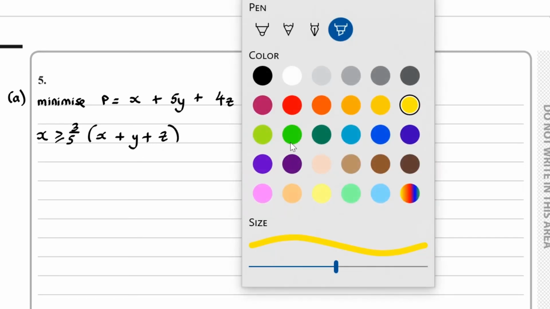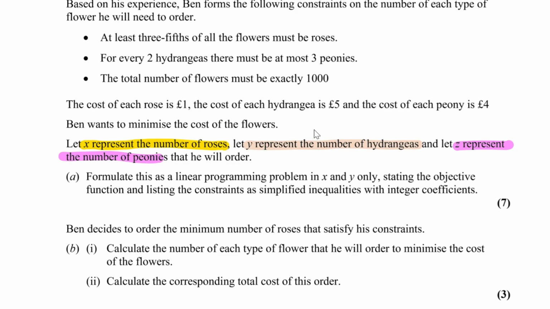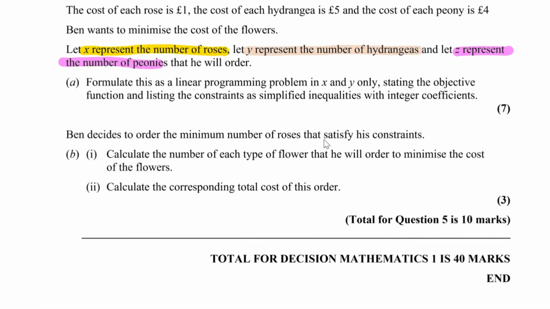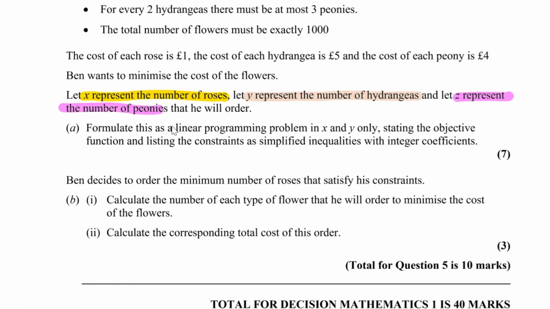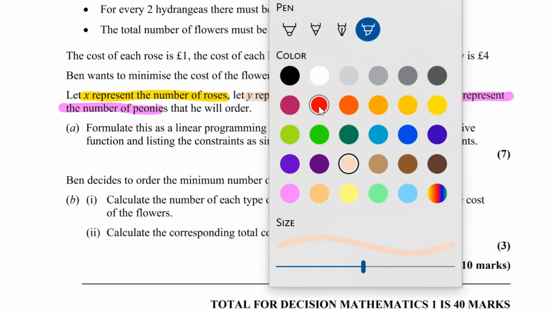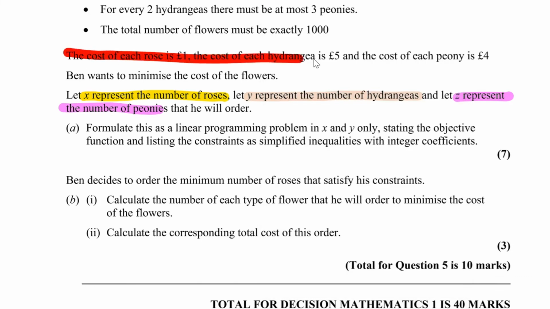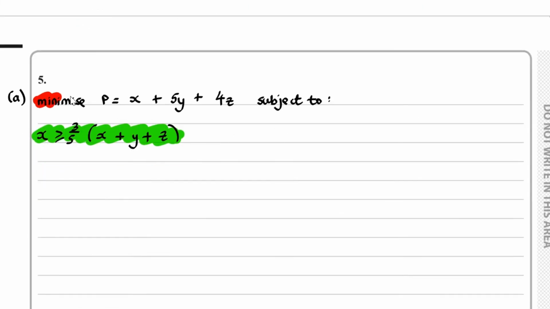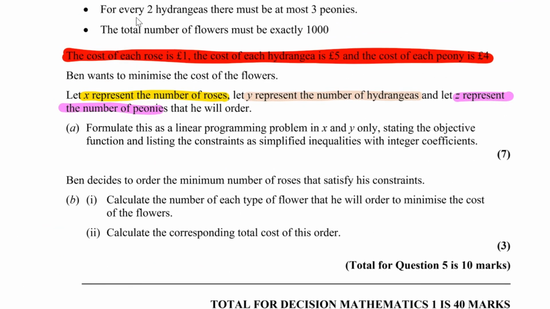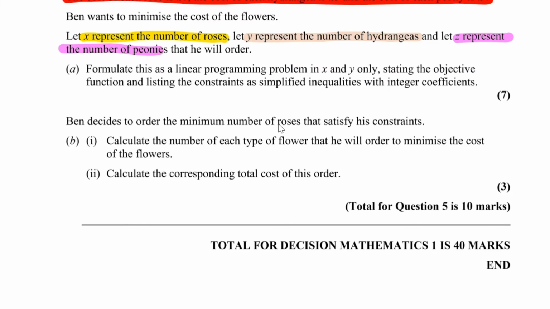So this here, if I grab a different colour, that corresponds to this line here. And if I grab a different colour, this over here would correspond to this here. And in terms of what else we have, we've got another statement, for every 2H there must be 3P.